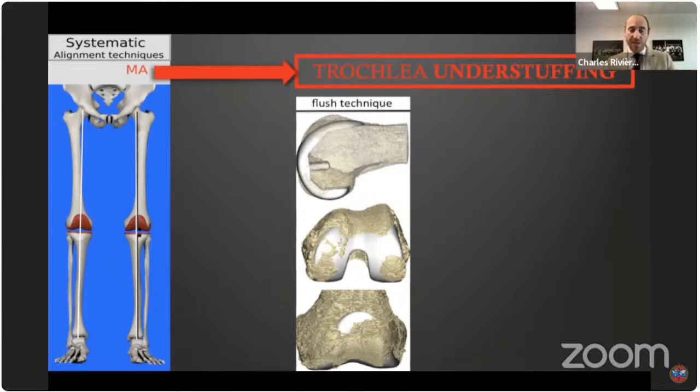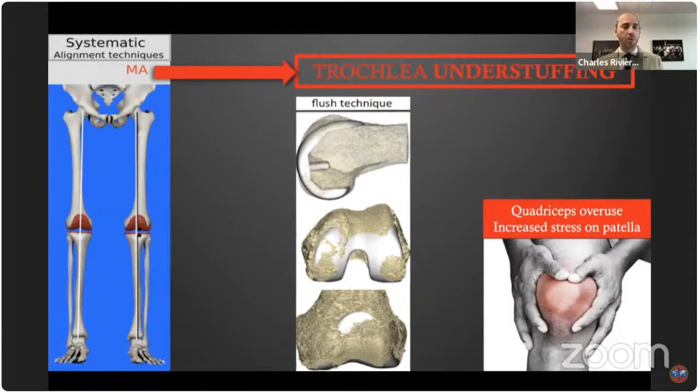And obviously, when you do a flush anterior cut, you most of the time reduce significantly the offset of the trochlea. So you reduce the lever arm of the extensor mechanism. And if you reduce the lever arm, you increase the joint reaction force on the kneecap, there is an overuse of the quadriceps, and it's a cause of anterior knee pain as well.